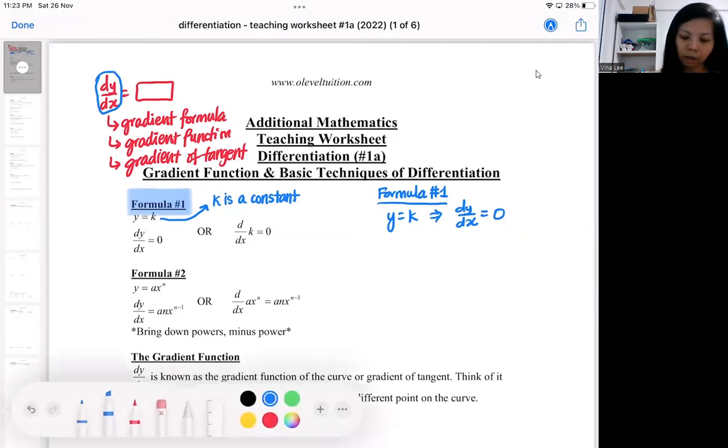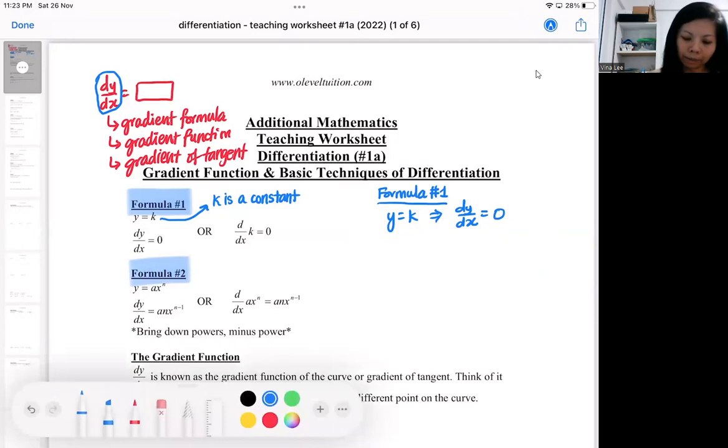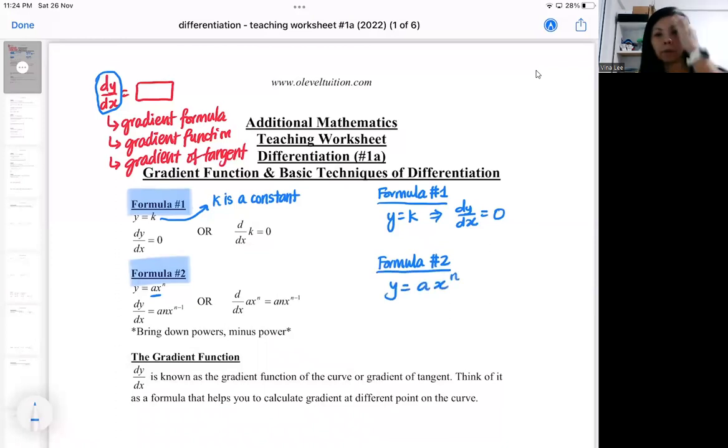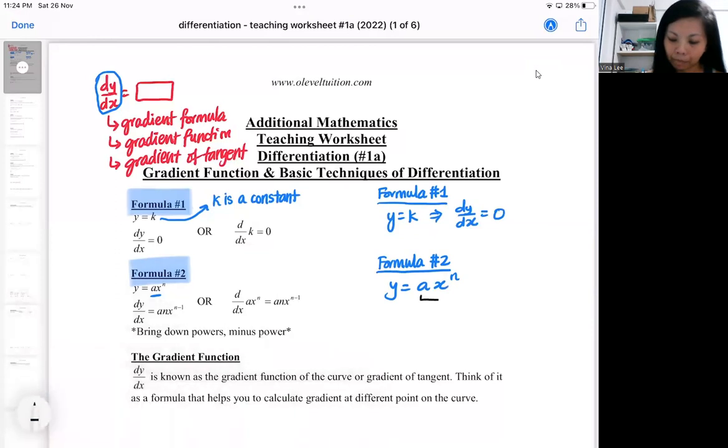If you look at the second formula, it is meant for ax^n. The function will be something like ax^n. For this formula to work, you need to make sure that the x and the constant are side by side. So this must be side by side.